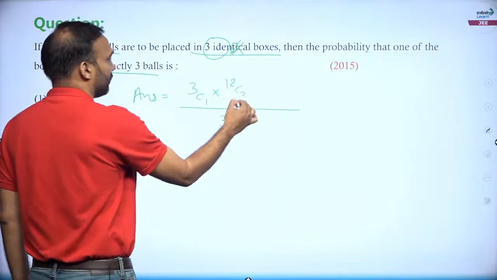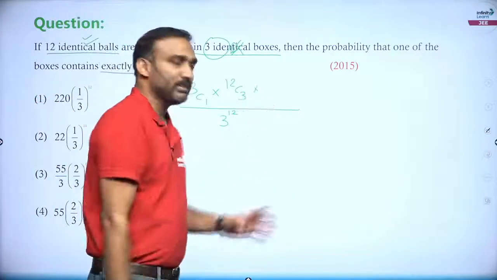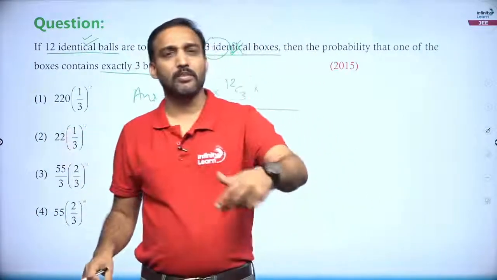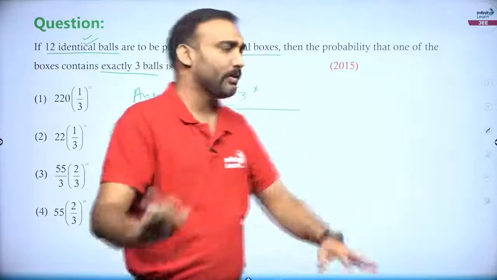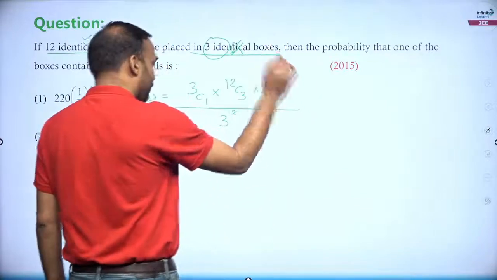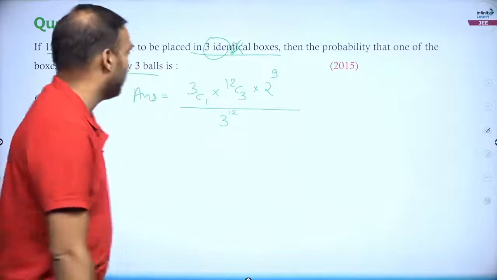Take 3 balls out of 12 and put them in this box. Now we are left with 9 balls and 2 boxes. These 9 balls can be distributed in the remaining 2 boxes in any way, all the possibilities are allowed. So for the first ball I will have 2 options, for the second 2, for the ninth 2. So 2 raised to power 9 would be the total number of outcomes.